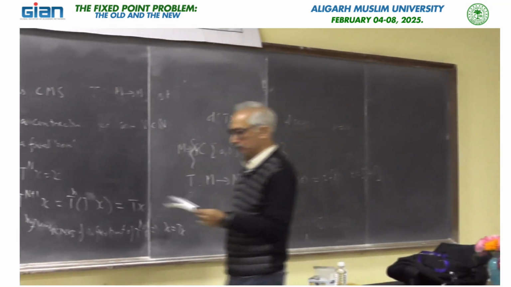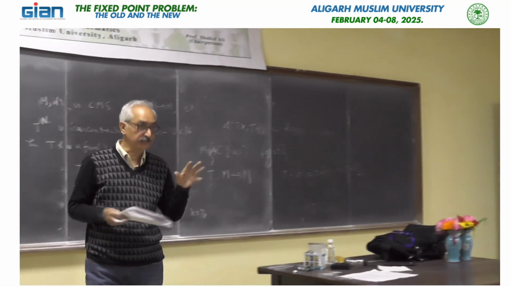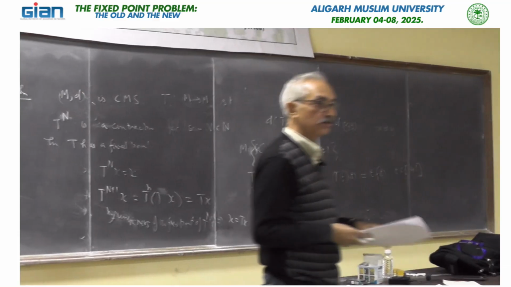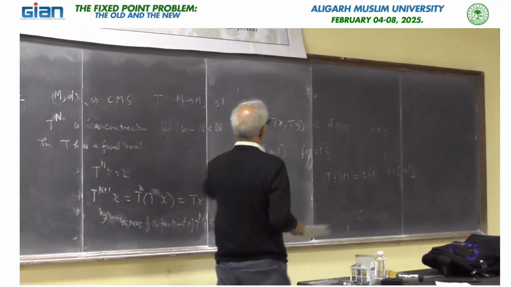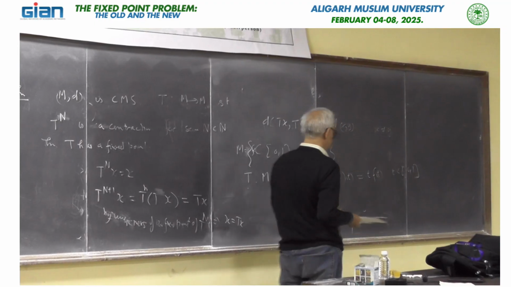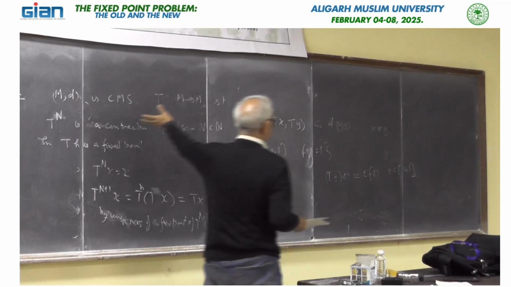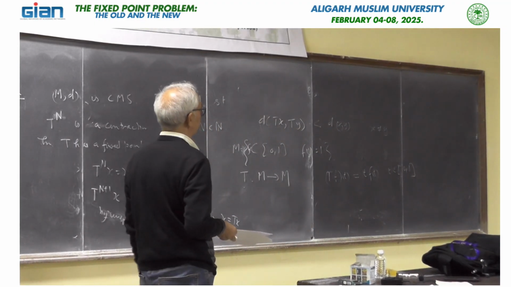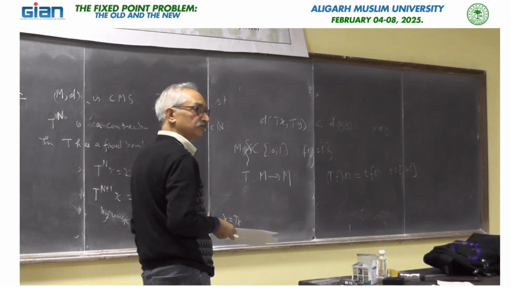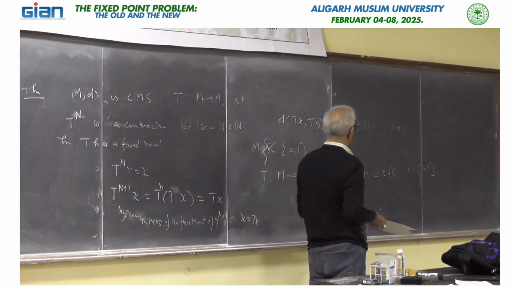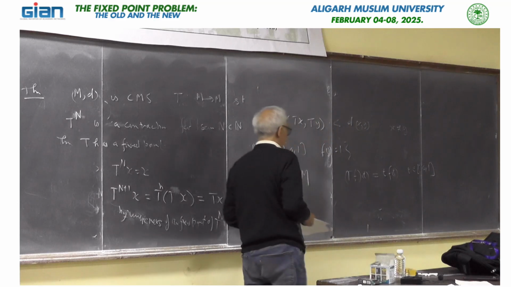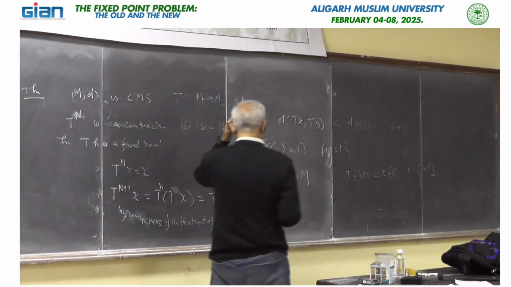Now, we will show that this is a contractive map, but it does not have any fixed point. So, this condition does not guarantee a fixed point, like that contraction theorem, where you always have a unique fixed point. If you relax it a little bit like that, you do not have a fixed point. Now, how do we prove that?